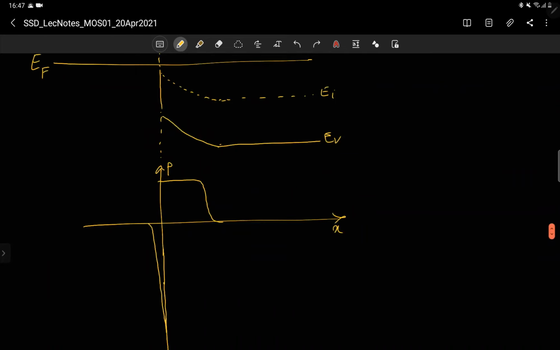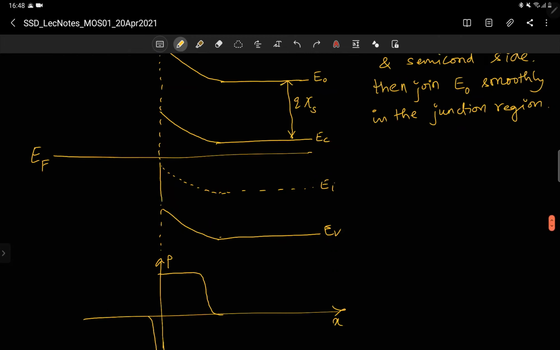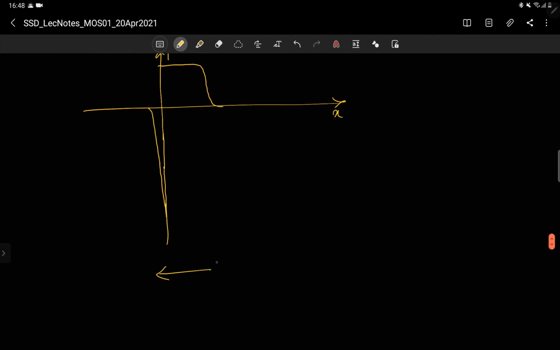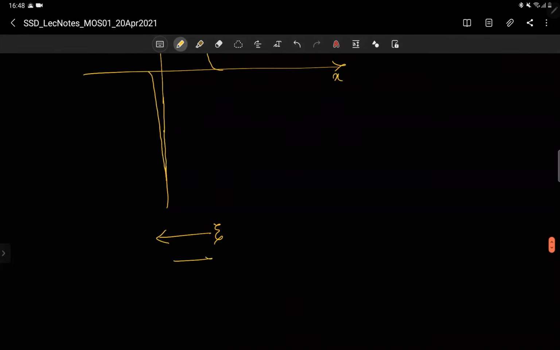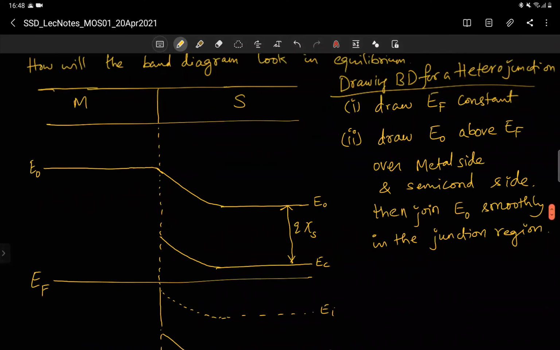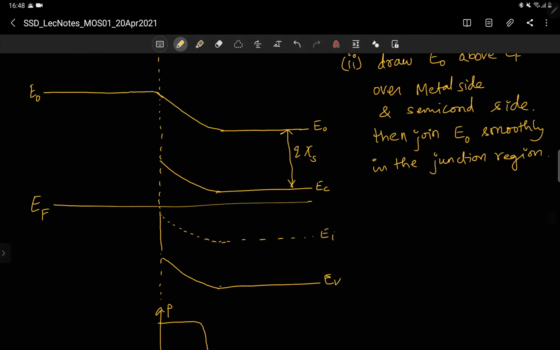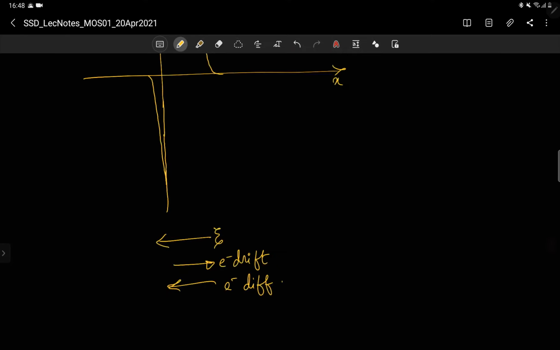And you know that the electric field direction is given by the slope of EC. So the electric field is in this direction. I am not drawing the curves. And you see that electron drift is in this direction. And diffusion is in what direction? Diffusion is towards the left, because electron concentration has decreased as it comes towards the metal region. So both are balancing each other in the depletion region.